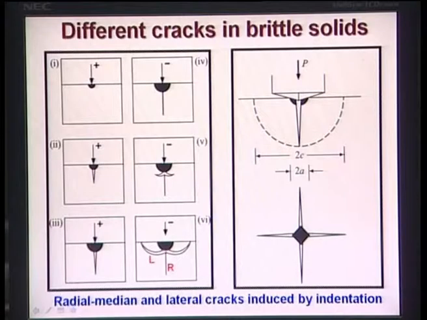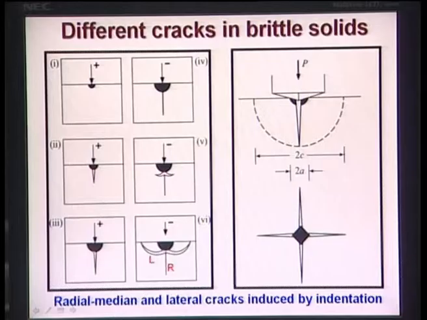Now the plus signs indicate that you are indenting the ceramic surface. Indenting means you are placing the indenter and letting it make full contact over the flat surface. The minus sign indicates you are unloading, that means you are releasing the load so that the indenter comes back to its original position.